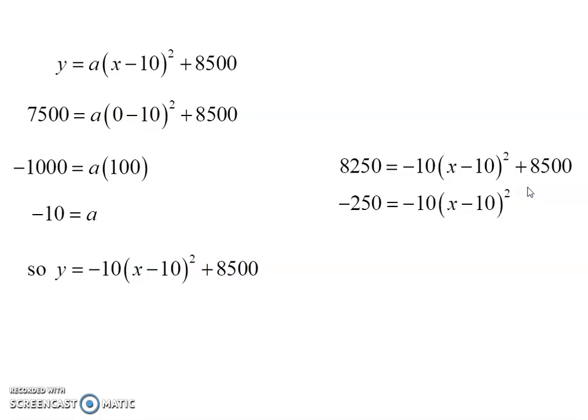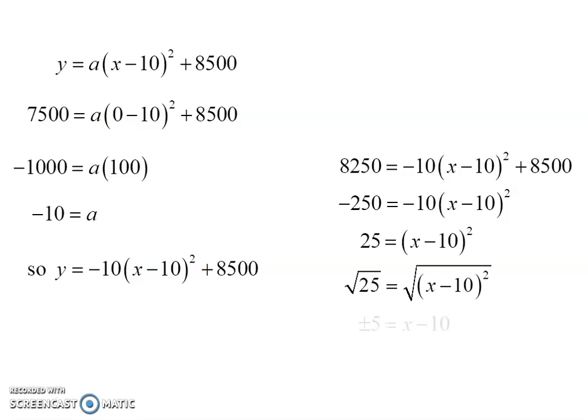It means subtracting 8,500 from both sides, dividing both sides by negative 10, taking the square root. Remember that when I take the square root, it works out to be a plus and minus. There are 2 possible answers. And when I solve for x, there are 2 possible answers, 5 and 15. So I have plugged in 8,250 as a height, and solving the algebra pumped out 2 answers, 5 and 15.